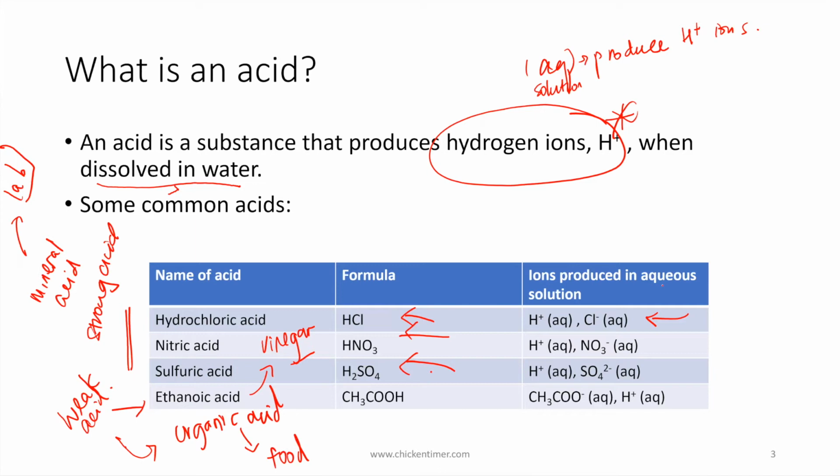But the whole point is, if they say explain why hydrochloric acid is an acid, then you have to say when dissolved in water, HCl produces H plus ions. Same goes for vinegar, nitric acid and sulfuric acid. When they ask why these are acids, you have to say that when dissolved in water, they produce H plus ions.